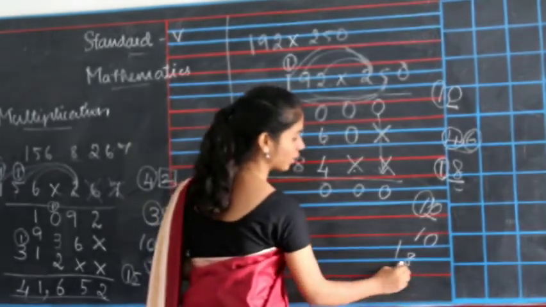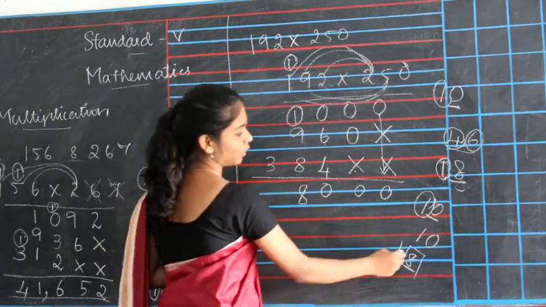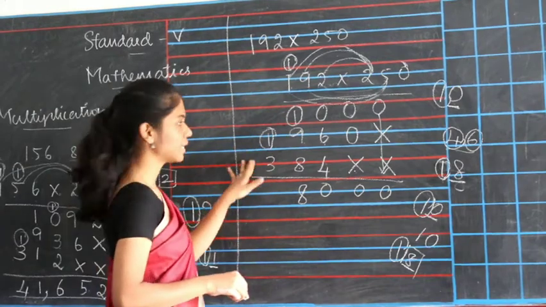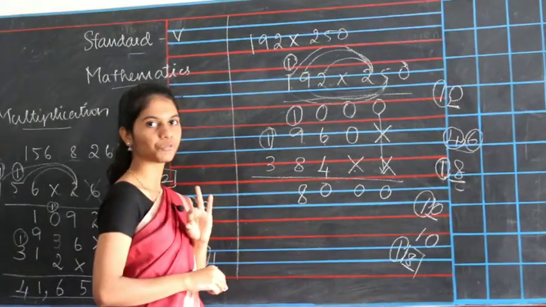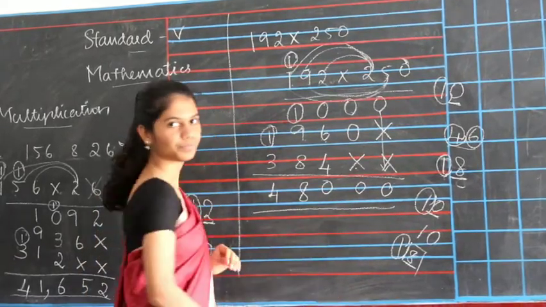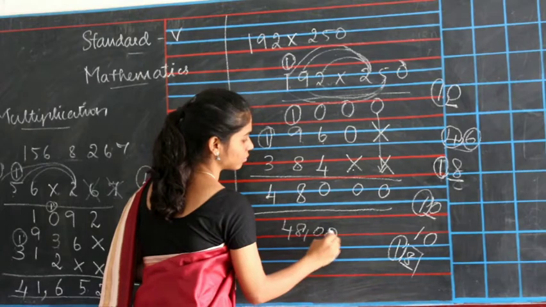So 18 you got. 8 is your unit that you will write down, and 1 is your carry that you will write on the top. So 1 plus 3. 1 in your mind, 3 in your finger. 1 after 2, 3, 4. Understood? So your answer is 48,000.